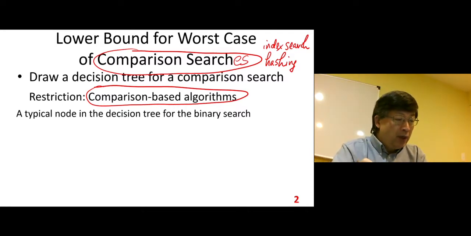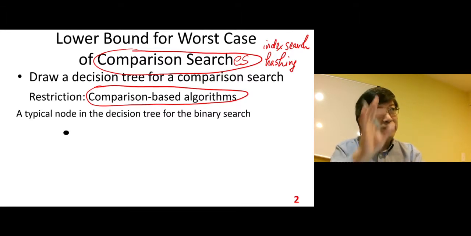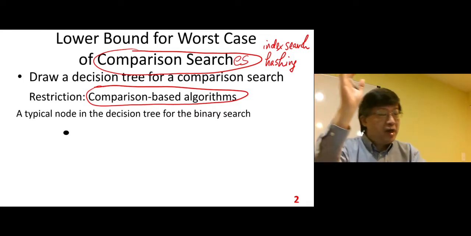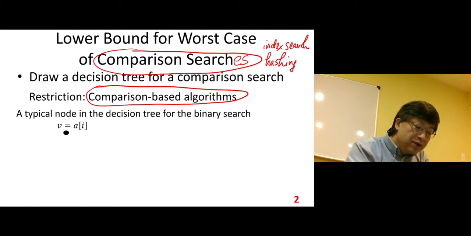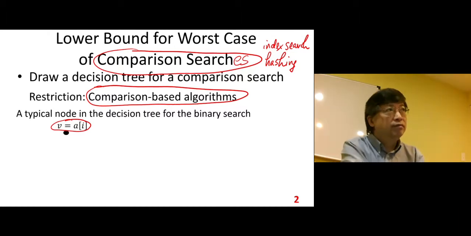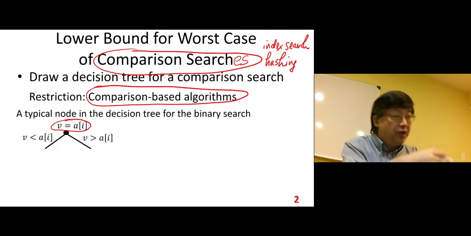For a binary search, we compare, then go one side or the other side. When we do the comparison at the node, there is a value. If equal, then we stop, we return the element. So we find it. So that's binary. If not equal, we have two outcomes.